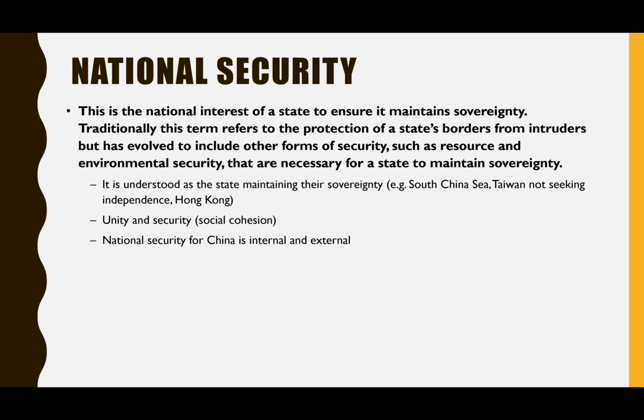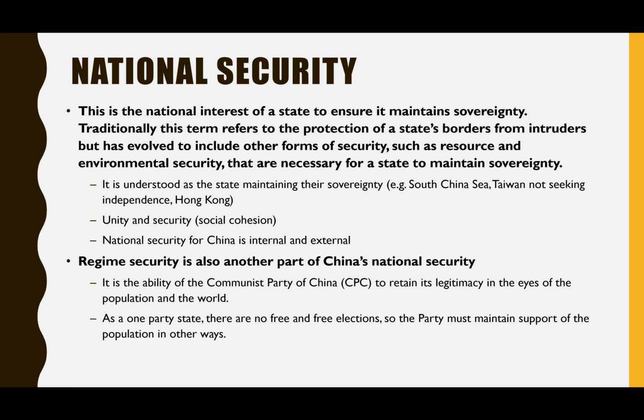And that's why regime security is also something important to be talking about when we look at China, that they need social cohesion, they need unity within the country, and security is not just external, preventing external threats, but it's also internal threats. So regime security, some of you may have heard of this before and others may not have, but regime security is important for China as an authoritarian state.